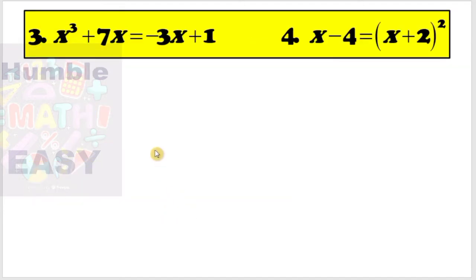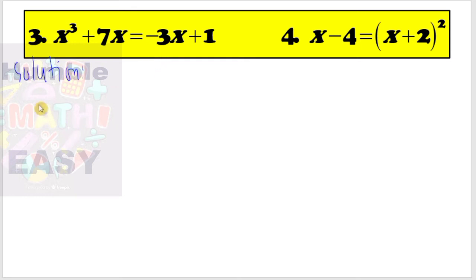The given for number 3 is x cubed plus 7x is equal to negative 3x plus 1. Since this is an equation, the solution is to arrange it so that the right-hand side of the equation is 0.